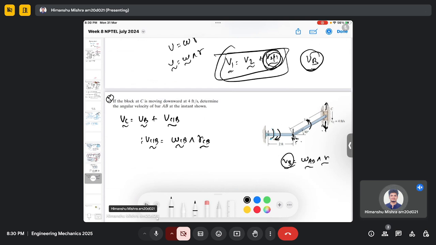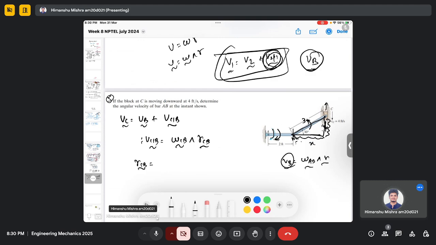Now we need to determine RCB. We are given an angle of 30, and this length is 3 feet, so we can determine this magnitude and this magnitude.